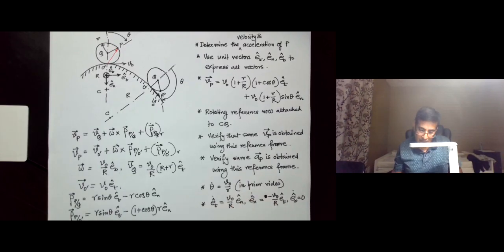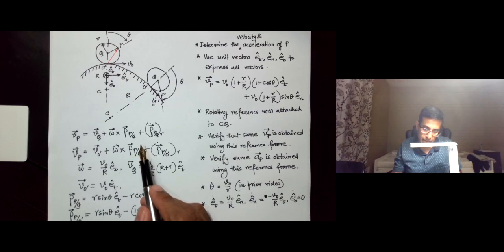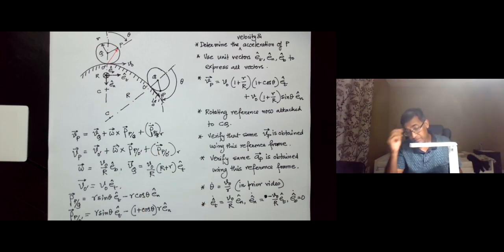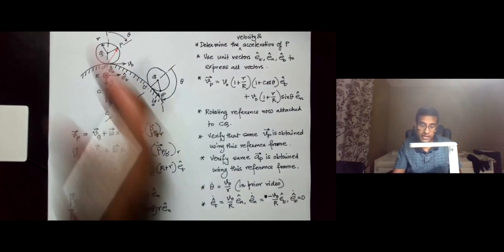Right? Now another important thing is, when we use this CQ as our rotating frame, then we are essentially considering our rotating frame is not fixed to the disk anymore. Okay, it is fixed to CQ.